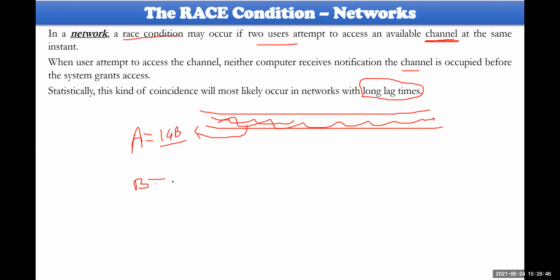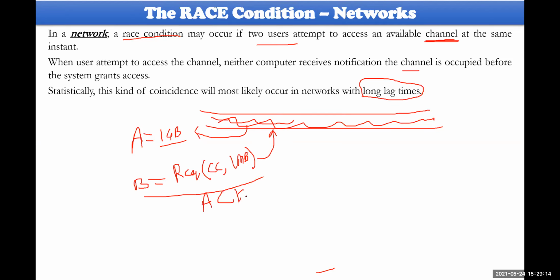And B is trying to make a requisition, REQ, for the communication channel to access 1 MB of the channel. Is it available? No. Everything is allocated to A only. When A has finished, then B will get the requisition acknowledgement back.